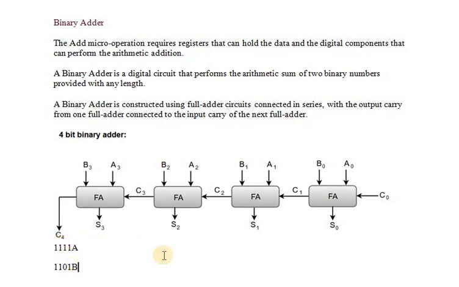If I add 1 and 1, it will be 10. 0 will be the output, that is sum S0, and 1 will be carried. That is why we use a full adder here: two inputs, one output and the carry. Similarly, again 1 will be here, S1 will be 0, and it has a carry again.